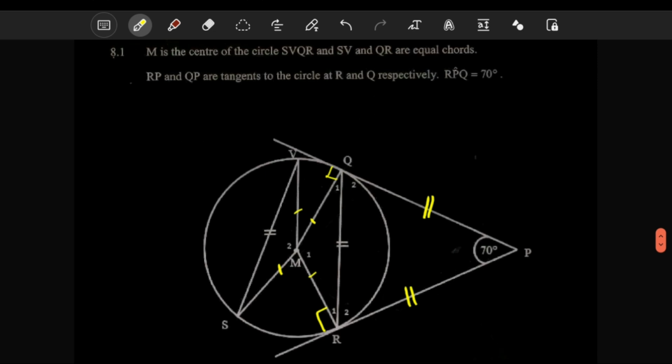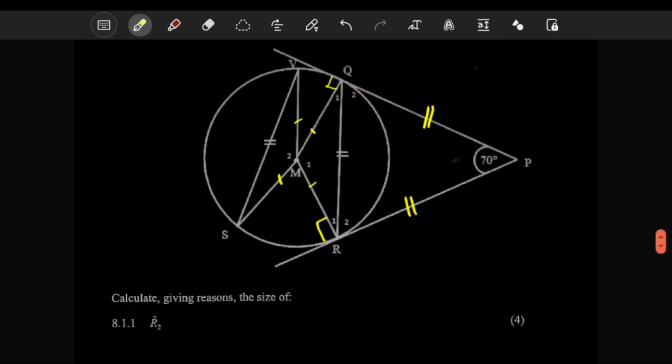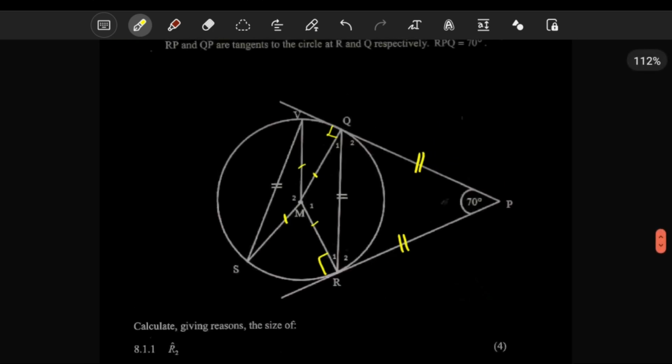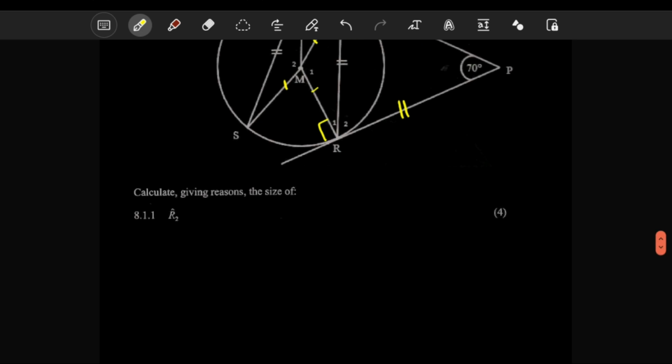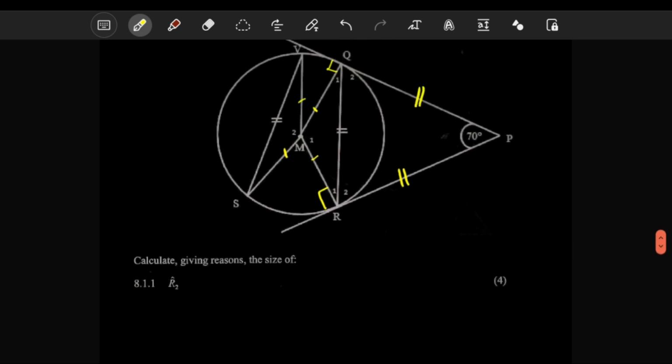they said that RPQ is 70 degrees. So if this is 70 degrees, this can easily be found using things like isosceles triangle laws, and all that. So for 4 marks here, they want us to get R2. R2 is going to be super simple. It's kind of strange why they want us to get R2 for 4 marks, because I think here they just want to state some of the things that we know. Firstly, you're going to state that PQ is equal to RP.